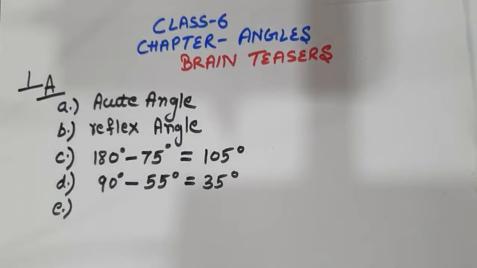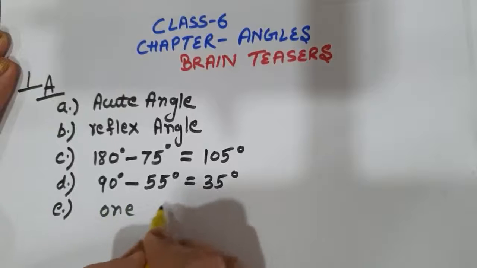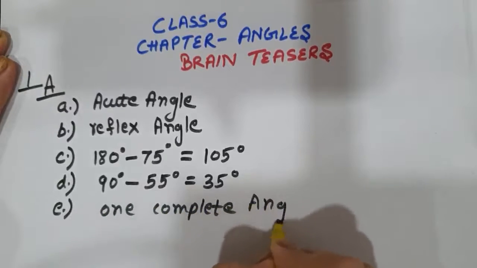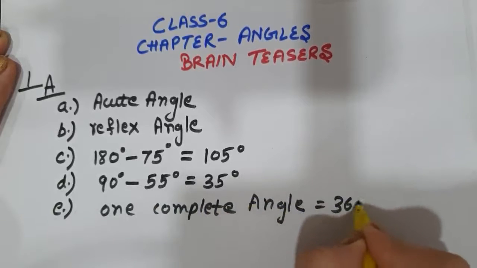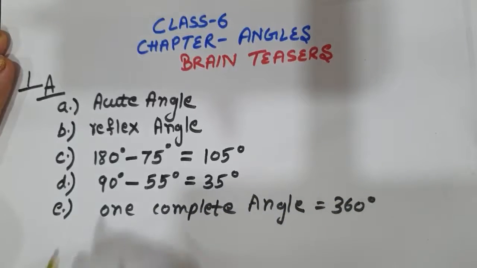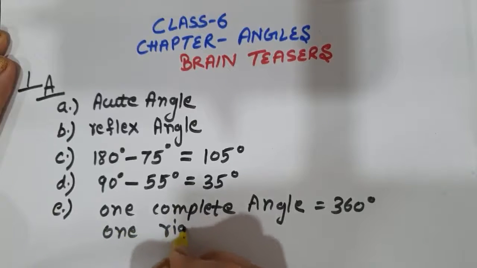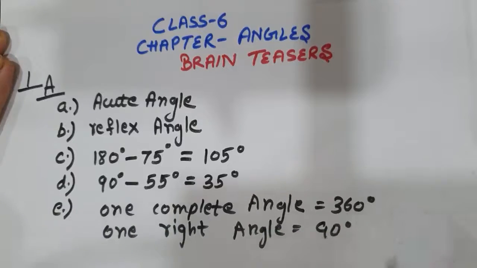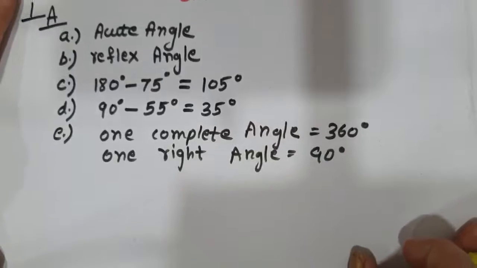How many right angles make one complete angle? It means in one complete angle, how many right angles are there? Now one complete angle is equal to 360 degrees and one right angle is equal to 90 degrees. Now how many 90 degrees will be equal to 360 degrees?